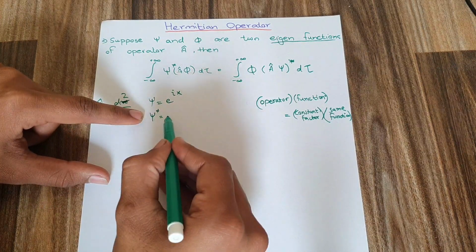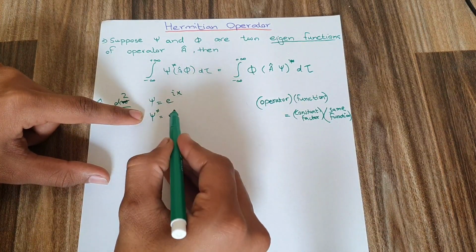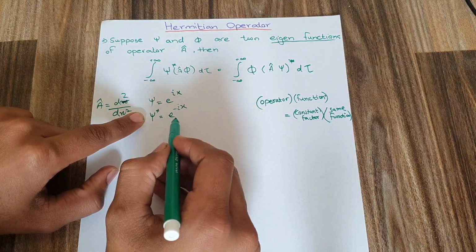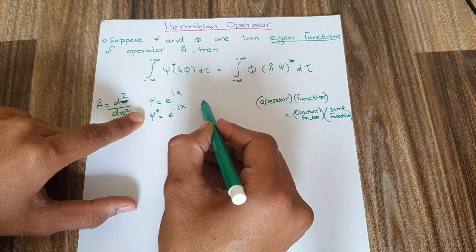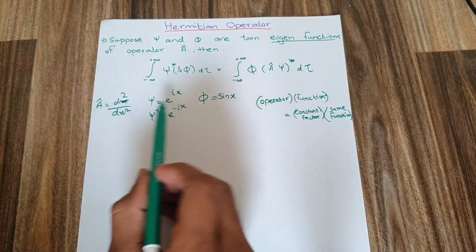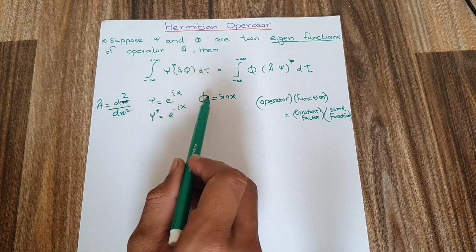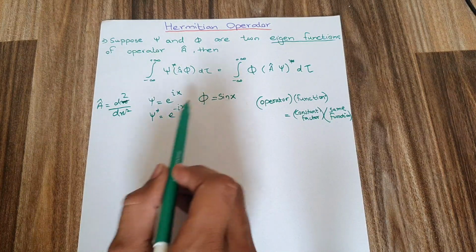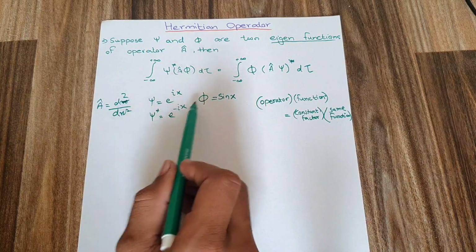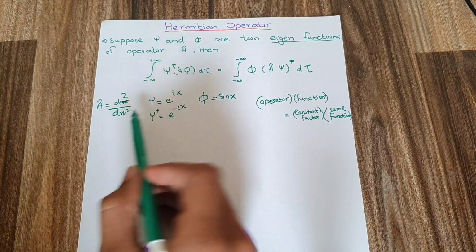In psi star we change the sign of iota. Since iota is positive here, it will become negative iota. The next thing is phi, which is equal to sine of x. These are my two functions, psi star and phi, and I am going to put their values along with the operator in the equation.